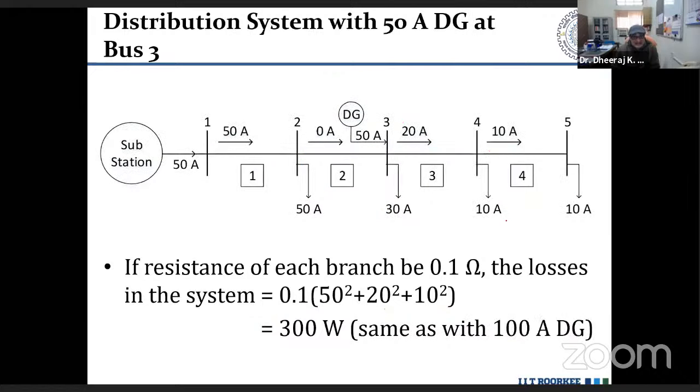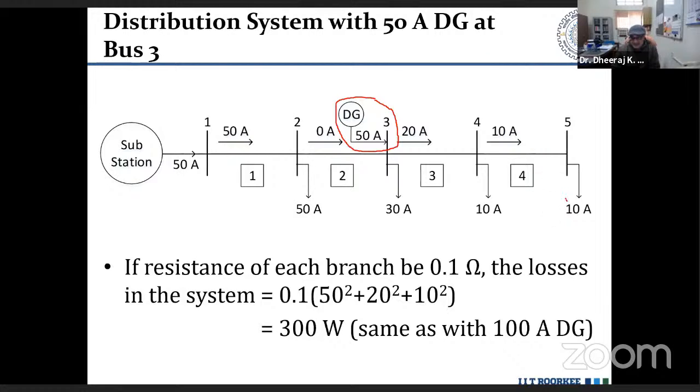Now the size of DG is also important. So again, considering one more case, here we have connected a 50 ampere DG at bus number 3. Earlier we connected a 100 ampere DG. So here we can compute the current through different branches.